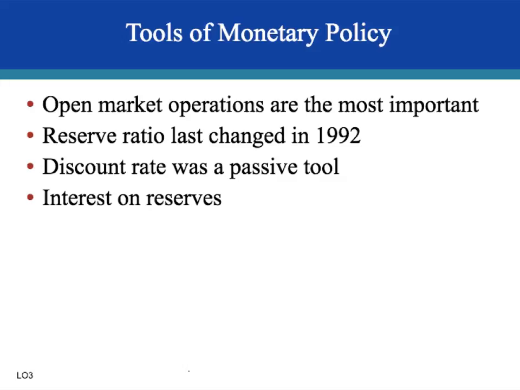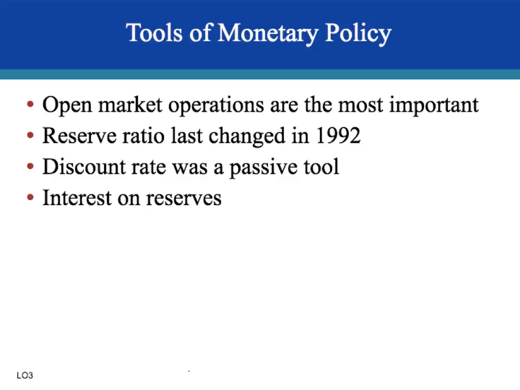Okay, open market operations is the most powerful and most used tool. The reserve ratio is very rarely used. It can be very disruptive, as you've seen in the last slide, to the banking system, and it's harder to implement. The last time it was changed, it was '92. The discount rate is a more passive tool. The Fed changes it just to keep in line with other interest rates.